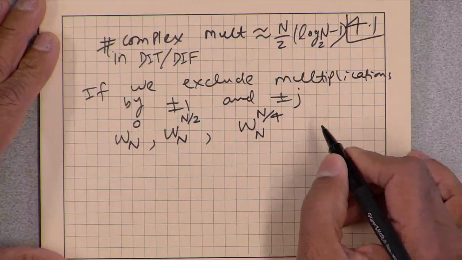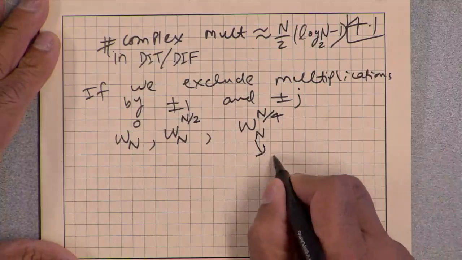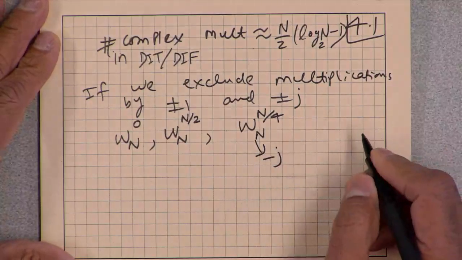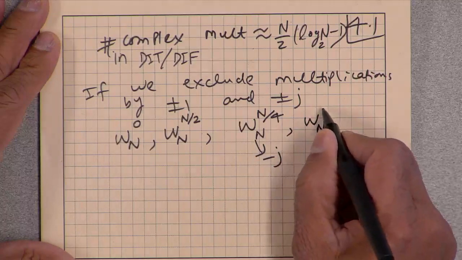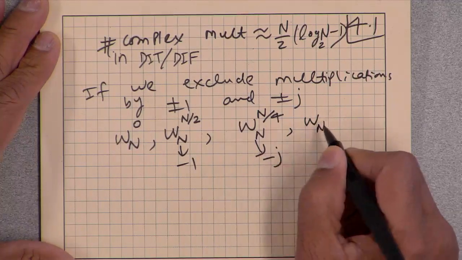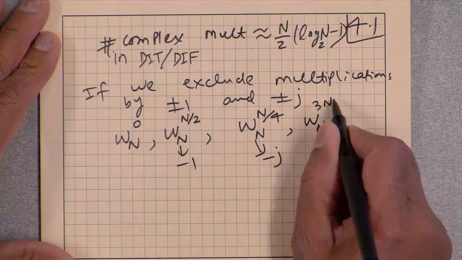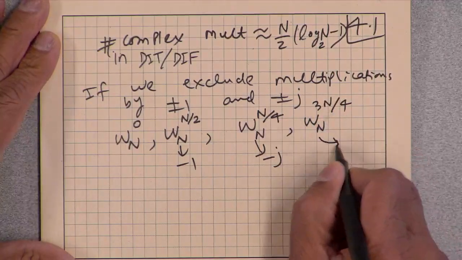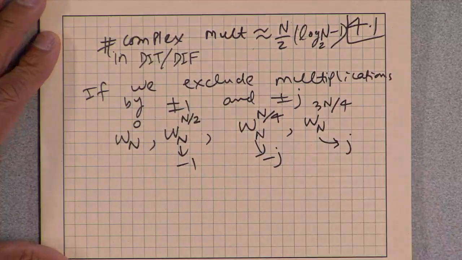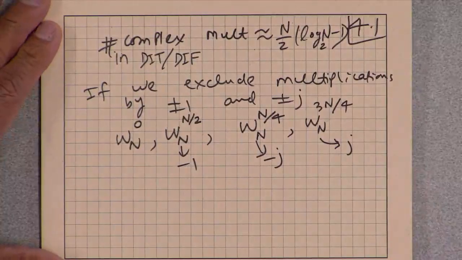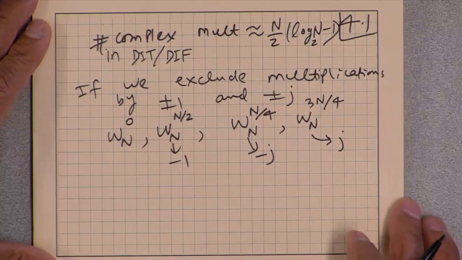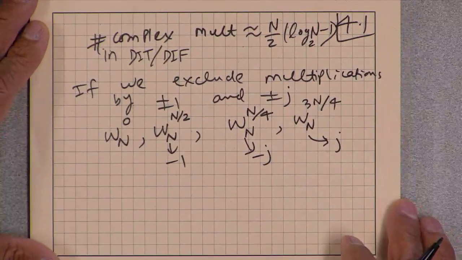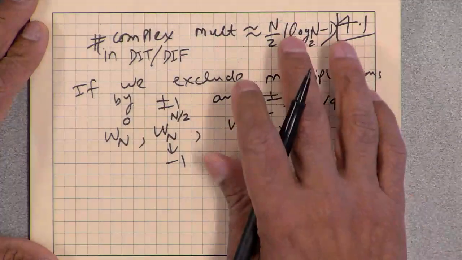Well, actually that's minus j. And then 3n by 4, which would be plus j. So if we exclude these things, then we can get a slightly better estimate than that.